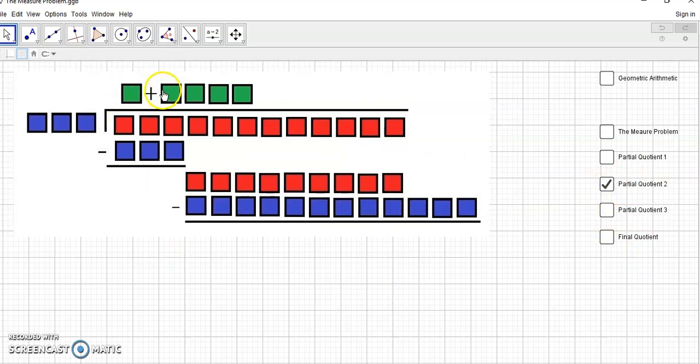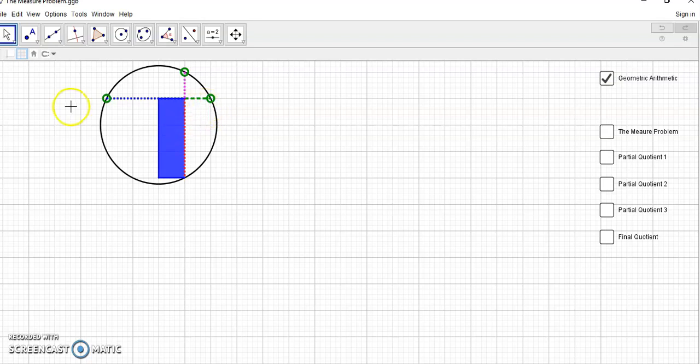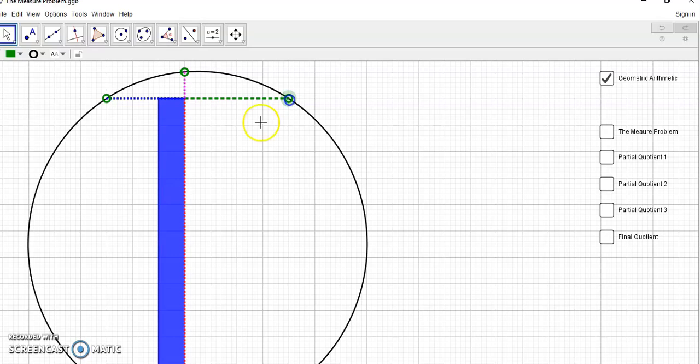And now over here, I'm going to choose 4 of them, which is going to overshoot this length. So in other words, I'm going to try and subtract 12 from 9, which is no problem. And again, I know that 4 times 3, so this is still 3 here, and I want 4 on this side. That means this length here is going to be 12. Okay.